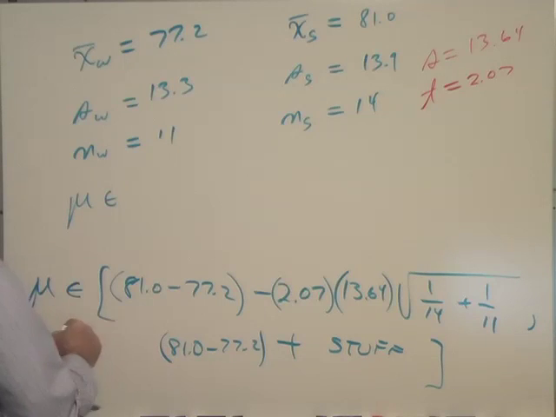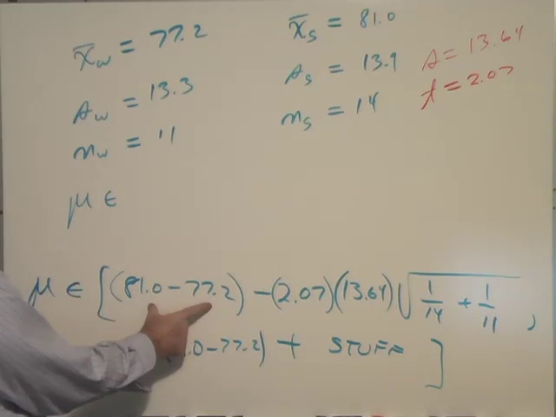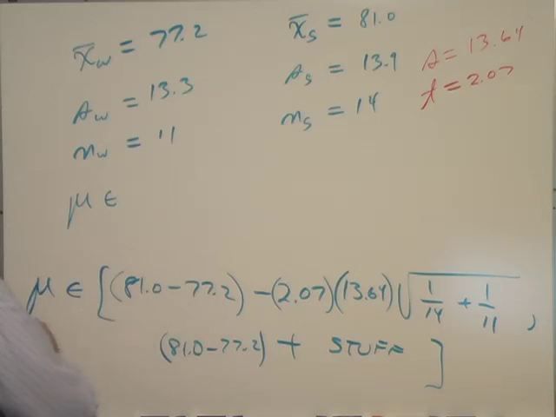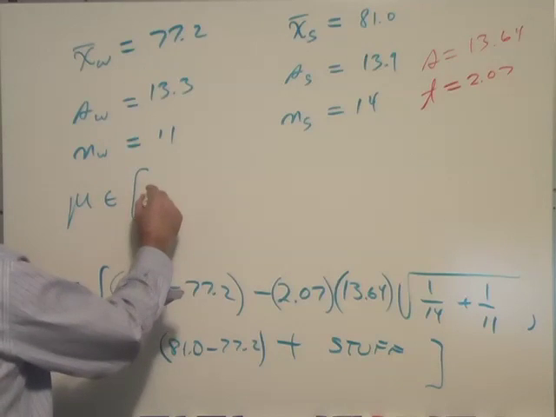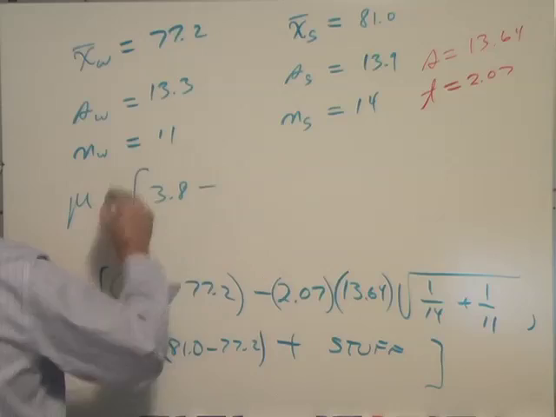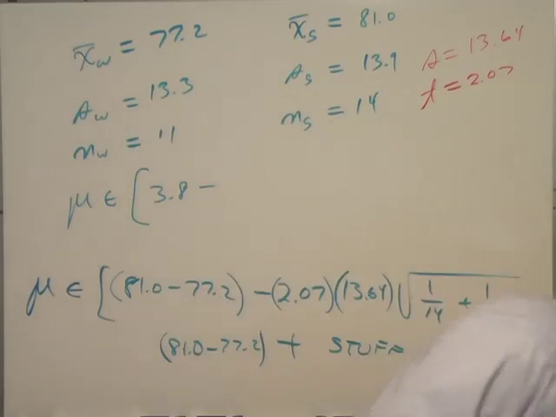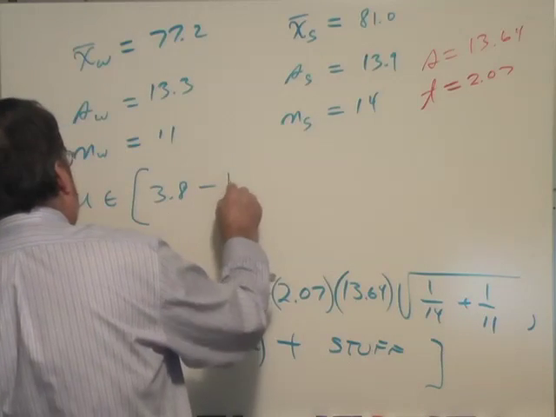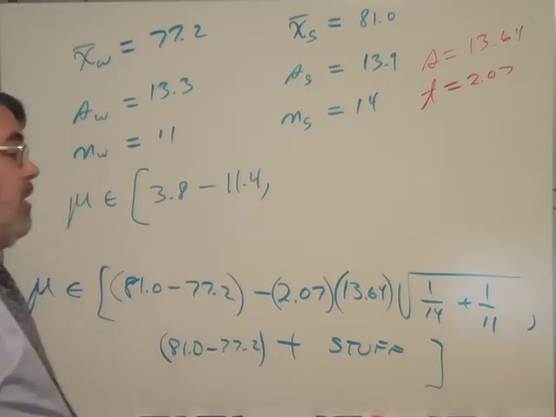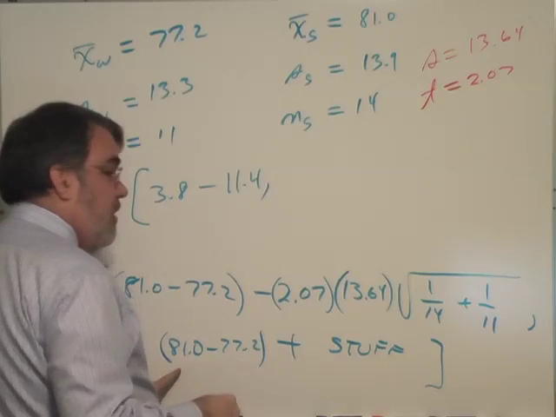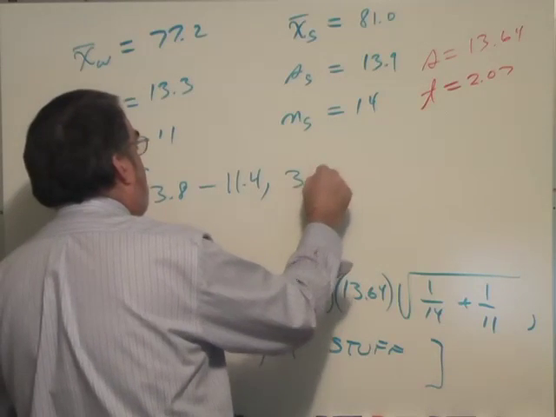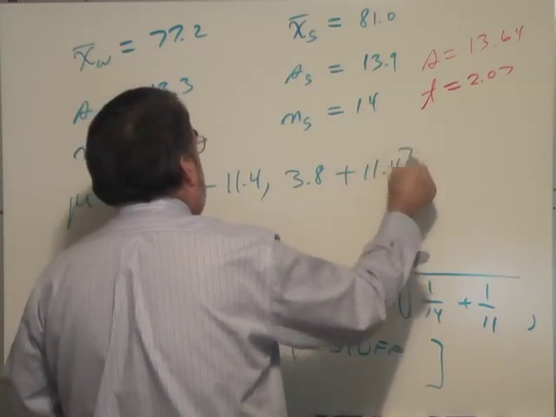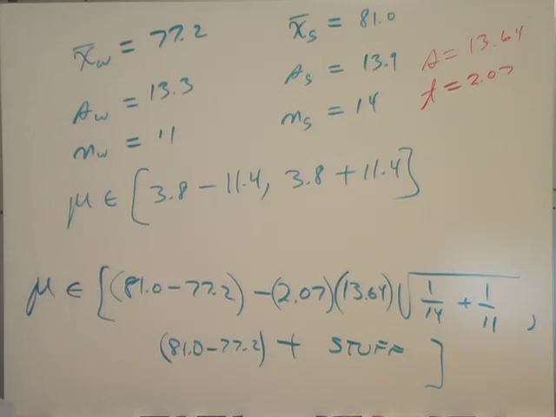Mu belongs to, now this subtraction will be what, 3.8? 3.8 minus 11.4, comma, 3.8 plus 11.4, so the margin of error was 11.4. I need to erase the big calculation.